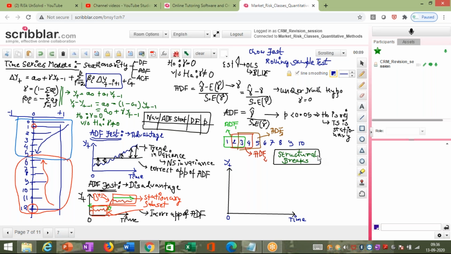Now, one of the things that we saw was that a structural break would generally lead to a permanent change in the trend. Okay. So how does the series look?